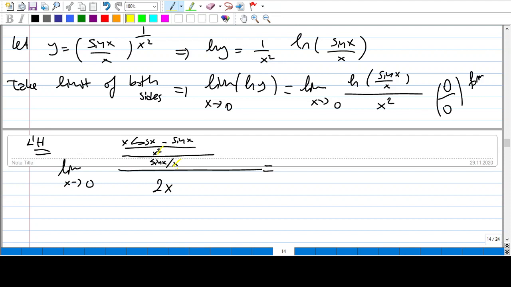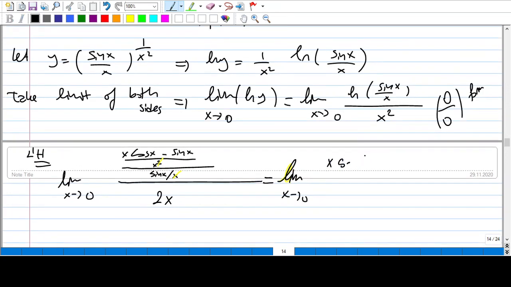Can you see it? Let me rewrite it better. It's better to use the right color. The limit as x goes to 0 of x cosine x minus sine x, over x times sine x, over 2x.